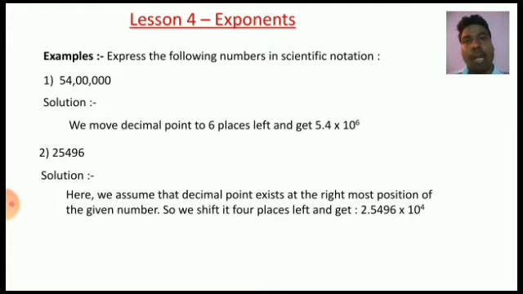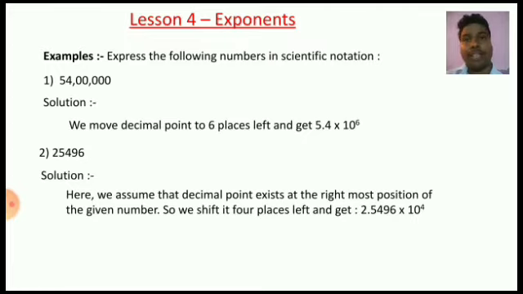We shift this decimal point 4 places left and we get 2.5496 into 10 raised to 4. So the scientific notation for 25,496 is 2.5496 into 10 raised to 4.